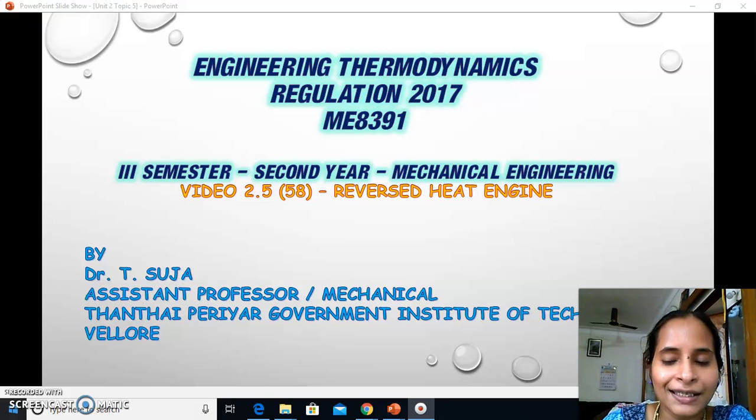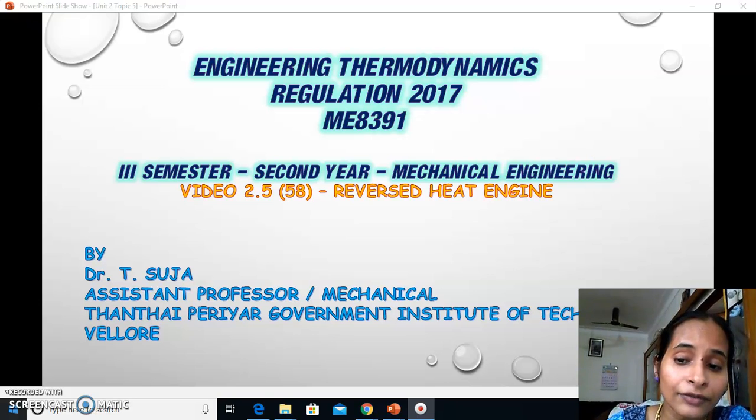A heat engine is an effective device which converts heat energy into work energy, but it will surely reject some heat. All the heat cannot be converted into work. In the reversed heat engine, the performance is purely based upon the amount of work which we are aiding from outside as an external source.